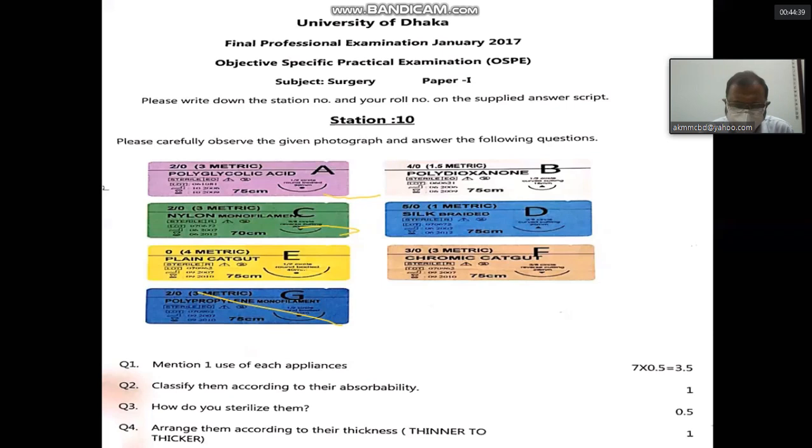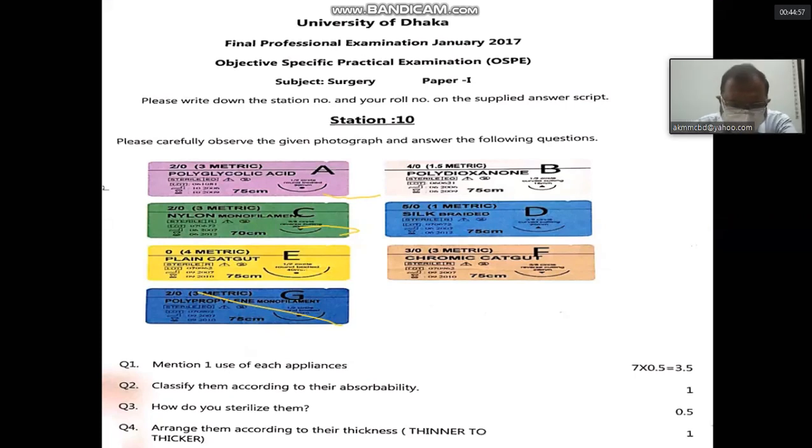Then number G, number 30 chromic catgut. Okay. Number H is number 20 polypropylene.